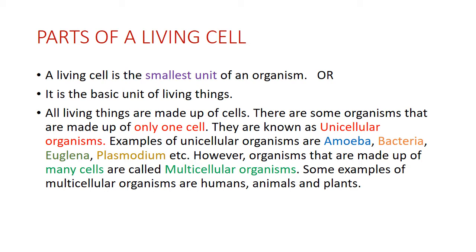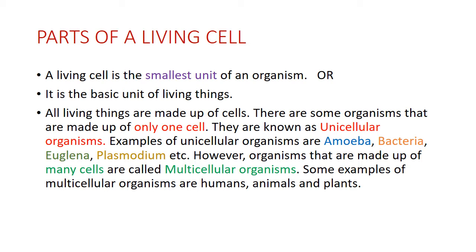The individual components that come together to give you the whole structure of a living organism is what we call a cell. Take for example human beings. It's been discovered by scientists that human beings are made up of trillions of cells.